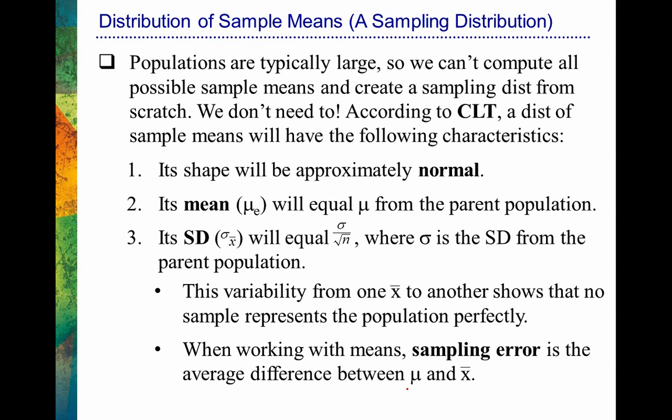So if we use sample data to learn something about population data, sampling error is going to be involved in that equation. Well, we needed to talk about all of this stuff, these distributions of sample means and sampling error, so that we can quantify how much of a difference there is between our sample data and that true population data. So the bottom line is that sampling error is measured by this standard error of the mean.